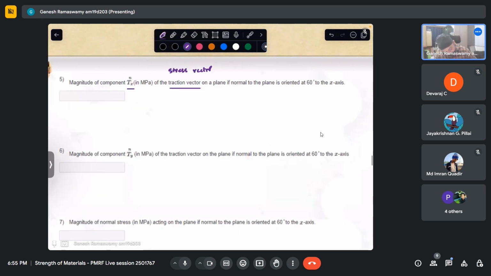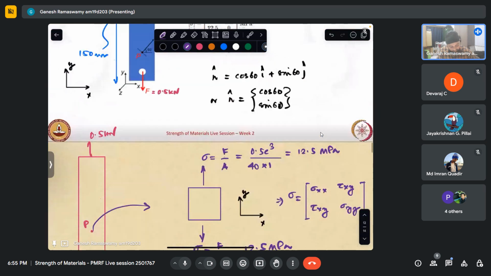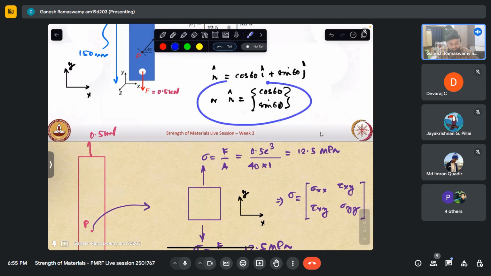So we know that traction at any plane is nothing but the stress tensor into the normal to that plane. Now we have already found out the normal to that plane here, which is cos 60 i cap plus sin 60 j cap.